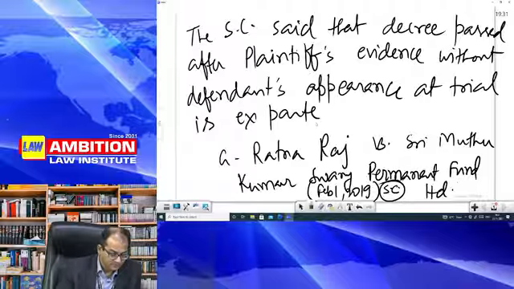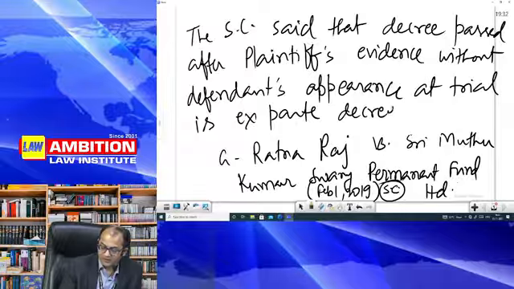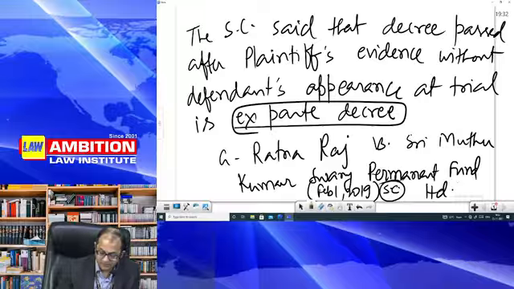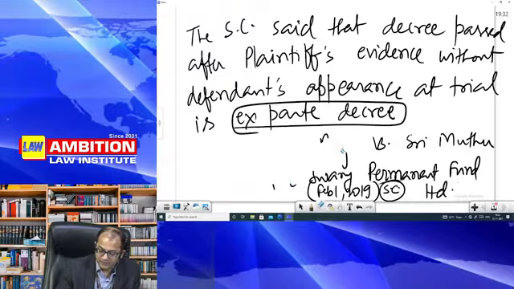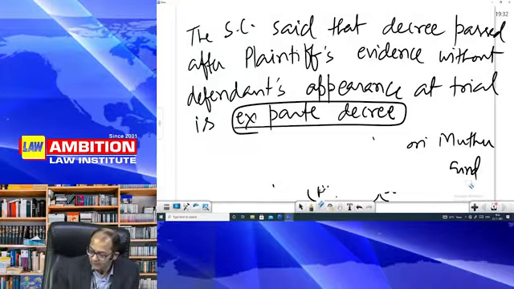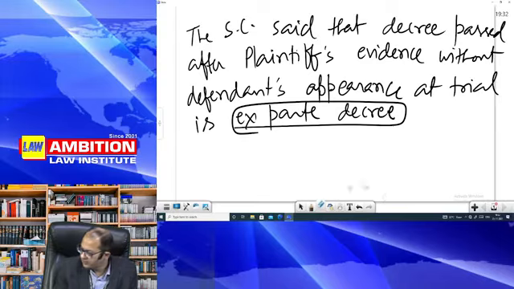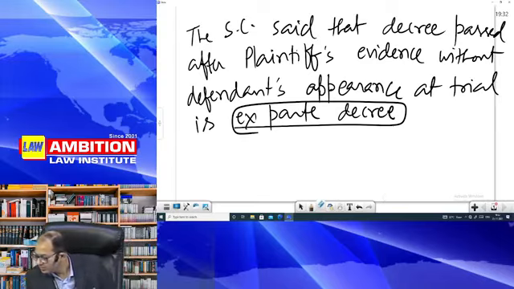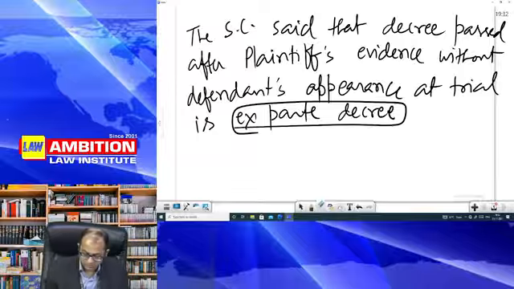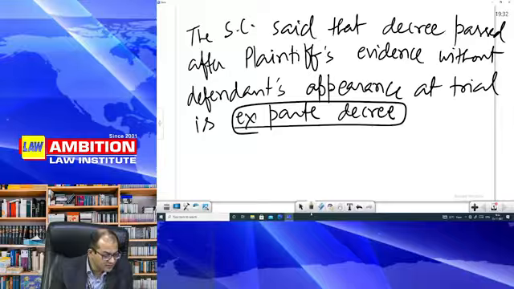This will be considered an ex parte decree because the defendant's appearance is not there. The defendant's appearance is not there, so even if plaintiff has given the evidence, it's zero. Correctly so, it will be considered ex parte.